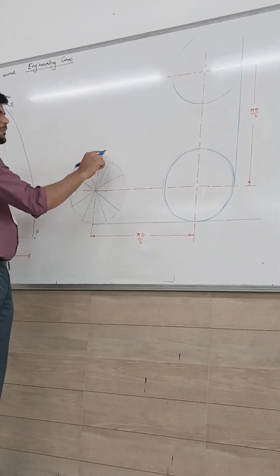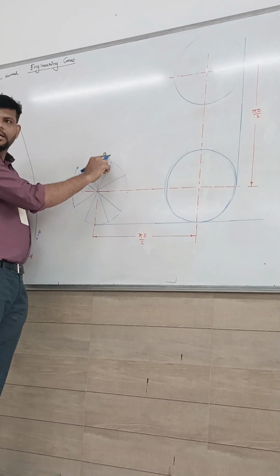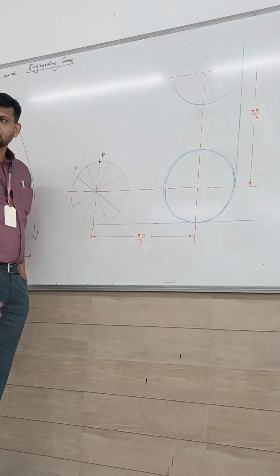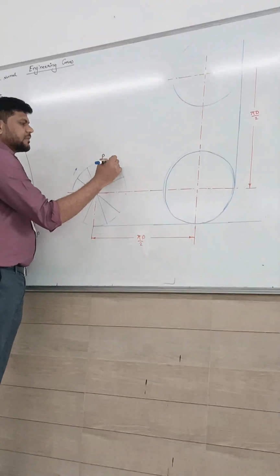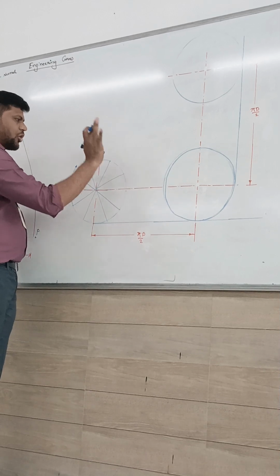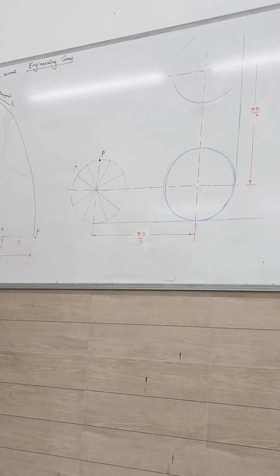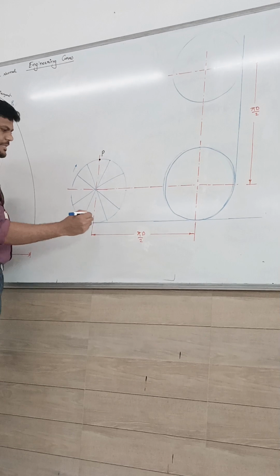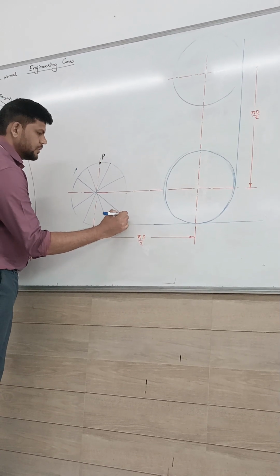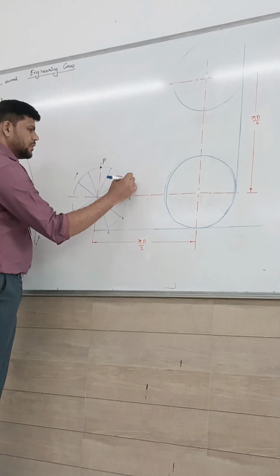So this is the point P, and point P will travel in the downward direction. This point P we will name as point 1. Just as we normally give point numbers, we will give them the same way. That will be easier for us.